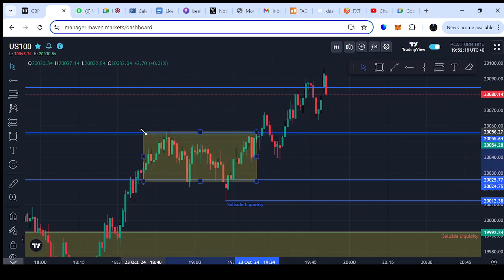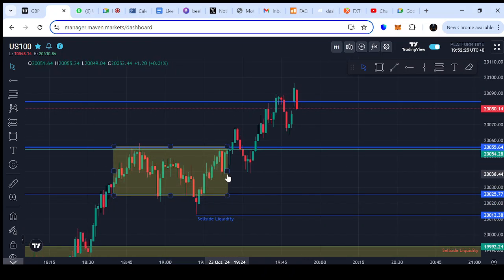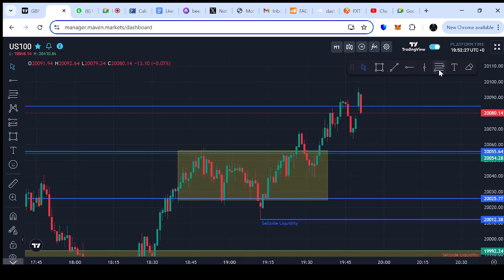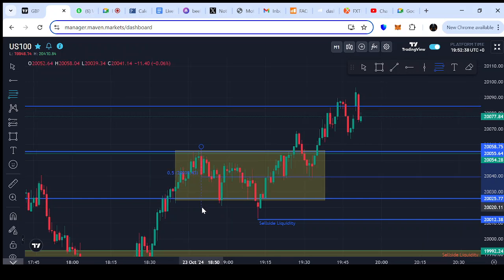In an accumulation phase like this, here's an accumulation, that's consolidation. Then in the consolidation, you can still get the 50% of the whole range. 50% of the whole range is from this high to this.